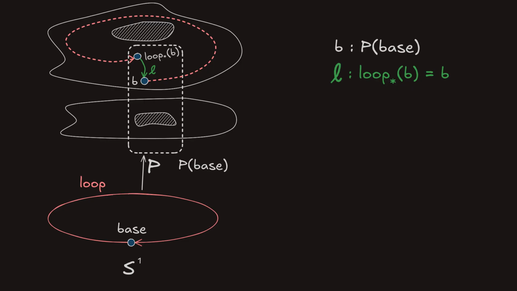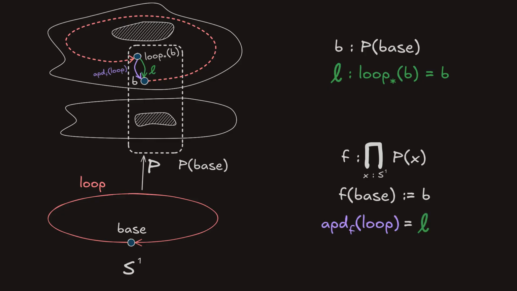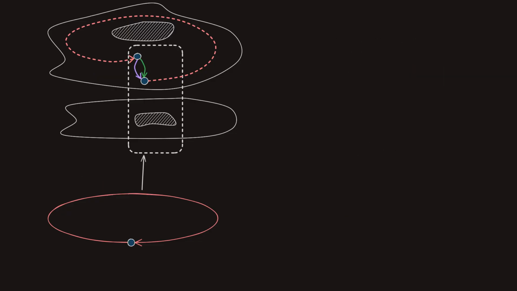In that case, there exists a dependent function f such that f of base is b and apd f of loop is homotopic to L. It now becomes clear that whenever we construct a dependent function out of a higher inductive type, we are describing a section of the total space that looks like the base space.